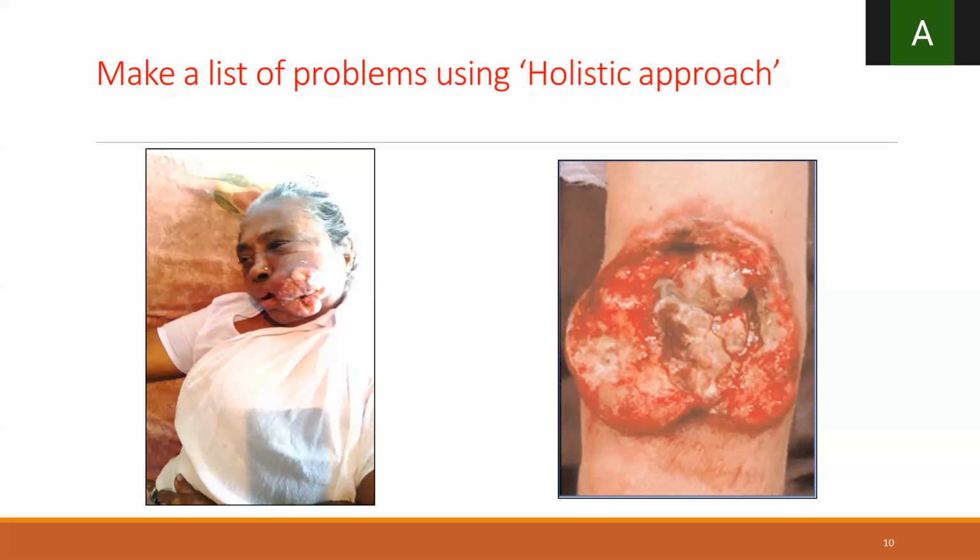Okay, and divide the problems of the patient under 4 headings, namely physical problems, psychological problems, social problems, and spiritual problems. So these are the 4 components of our total pain assessment. Okay, so let's take 5 minutes to list down the problems. Then we will proceed further.